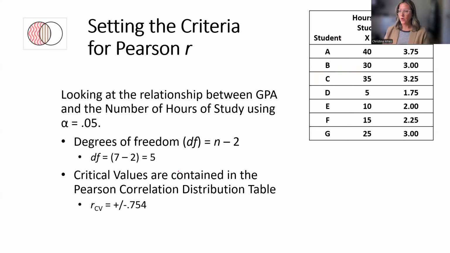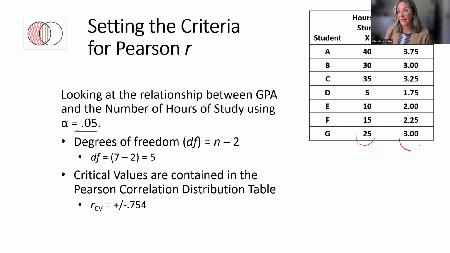So our second step of hypothesis testing. The first step was stating those hypotheses. The second step is setting the criteria. It's going to look a little bit different. In this case, we're going to use an alpha of 0.05. Our degrees of freedom is going to be n minus 2, lowercase n minus 2, because these variables are two separate variables.